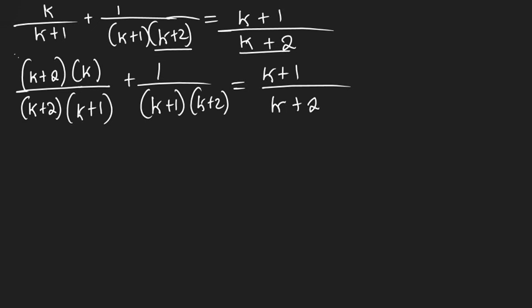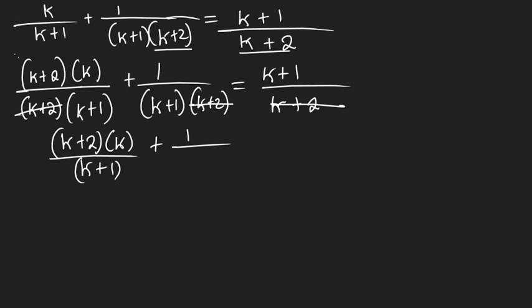Now, when you reach here, what do you do? Cancel out all the k plus 2 because you have them everywhere. What you do here, you also do here. When you do that, you're going to remain with k plus 2, then k over k plus 1 plus 1 over k plus 1 equal to k plus 1 over 1.